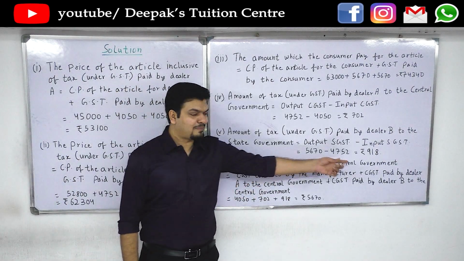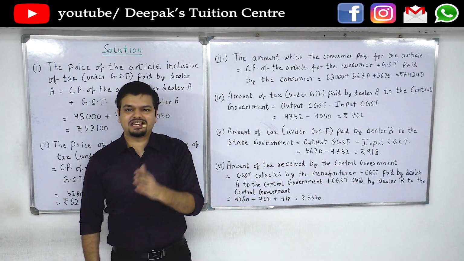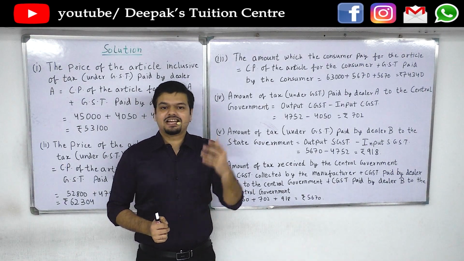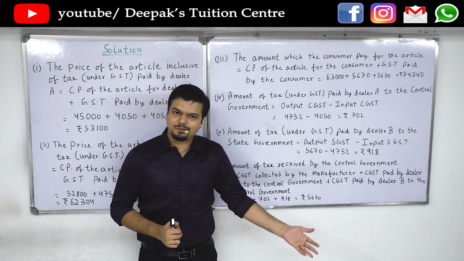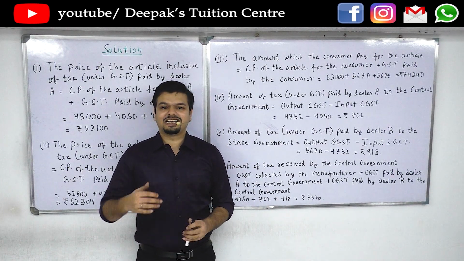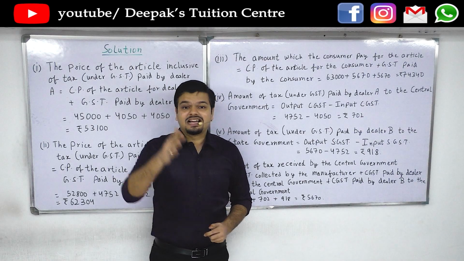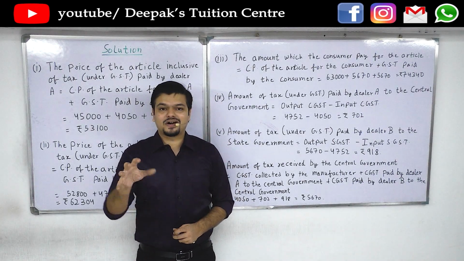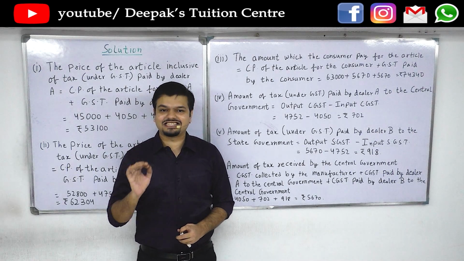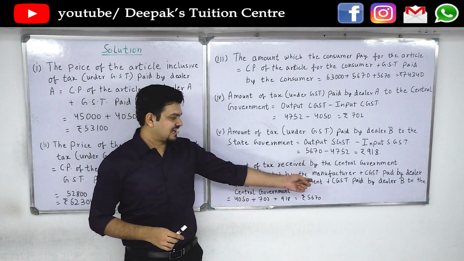Amount of tax received by the central government. Logically speaking, I already know the total amount of tax is equal to the tax paid by the consumer. But that is not how the central government got it. The central government got it in parts. The central government first got the tax collected by the manufacturer, that is CGST collected by manufacturer.